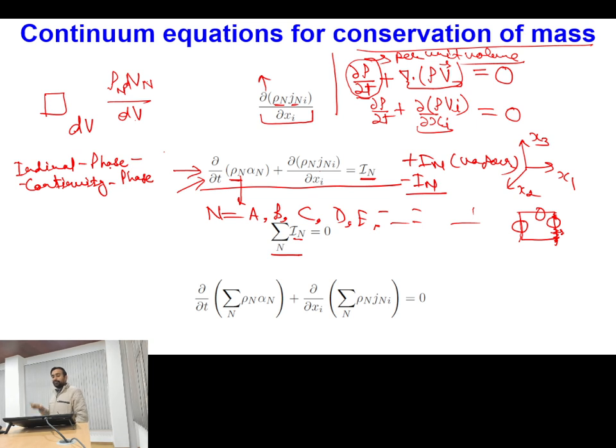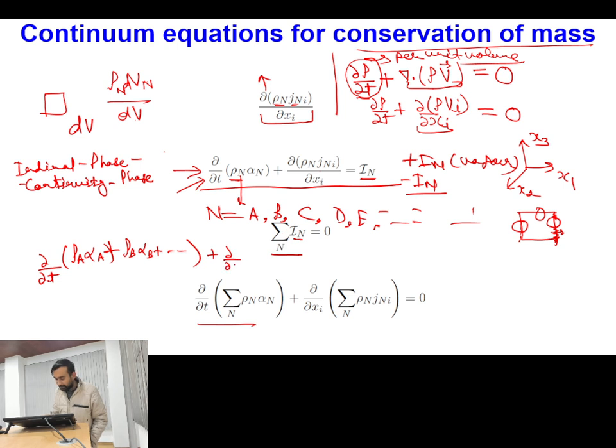If I take all the individual phase continuity equations and take their sum, then ultimately I will get a summation over the phases, because this equation I can write separately for n equal to a, b, c, d, etc. If I sum all these equations, the first term will be del by del t of rho a alpha a plus rho b alpha b and so on, the second term will be del by del xi of rho a j a i plus rho b j b i and so on, and in the right hand side I will have I n a plus I n b and so on.